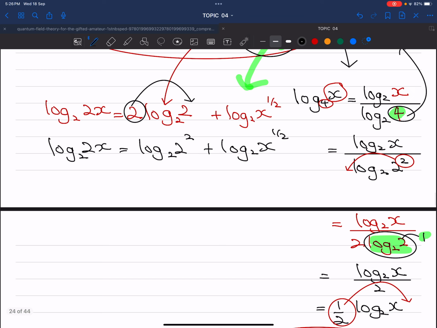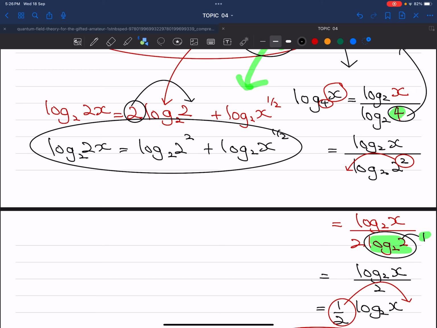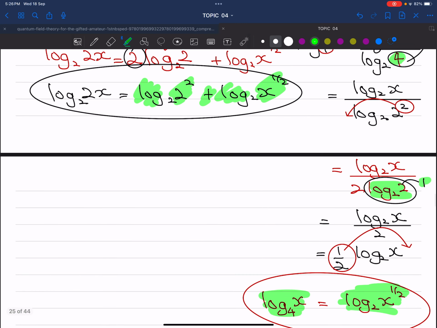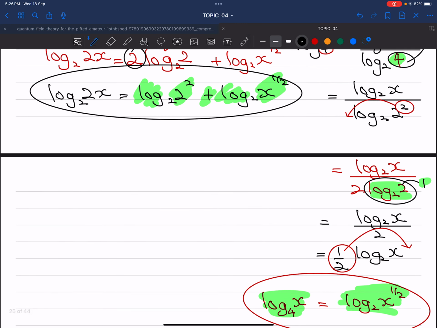And finally, if you look at this equation, what we have is log A plus log B. If you remember the formula, that log A plus log B becomes log A times B. So this is the formula I'm going to use.